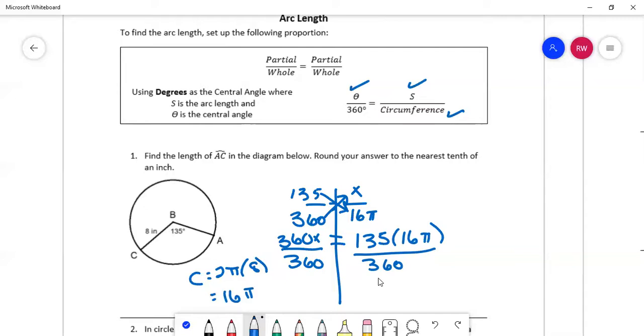In my calculator, I'm putting 135 times 16 pi divided by 360. And my answer is 18.849 and so on. So x is equal to 18.849. Round your answer to the nearest tenth. The nearest tenth is 8, and this 4 tells me you keep it the same. So arc AC is equal to 18.8.